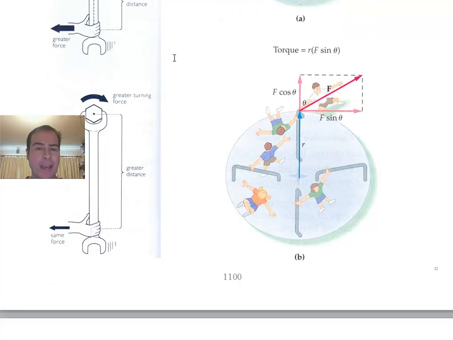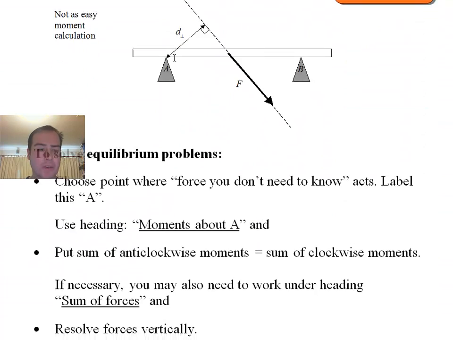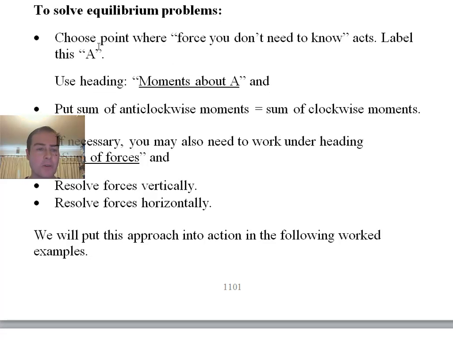Now, how does this help us in problems involving forces? Well, to solve problems, we need to do the following. First of all, we choose a point where we're going to consider rotational forces about. And we'll talk more about this in our first question. And then we look at the idea that the sum of the forces acting have to balance.